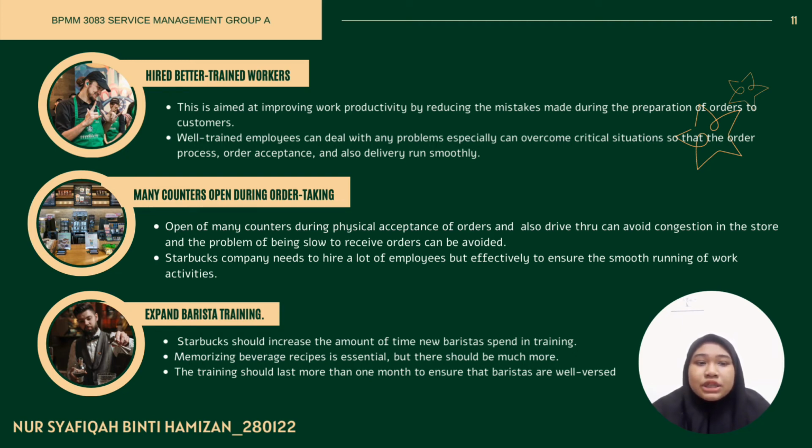A well-trained employee or worker can deal with any problem that happens, especially can overcome critical situations, so that the order process, order acceptance, and the delivery run smoothly at Starbucks.